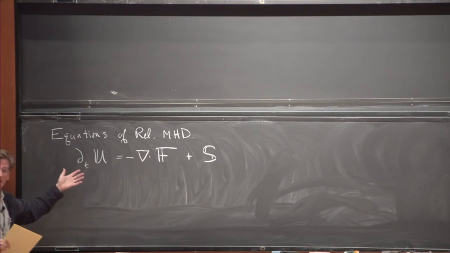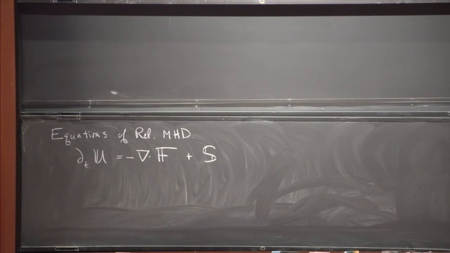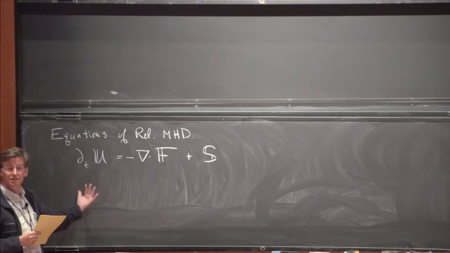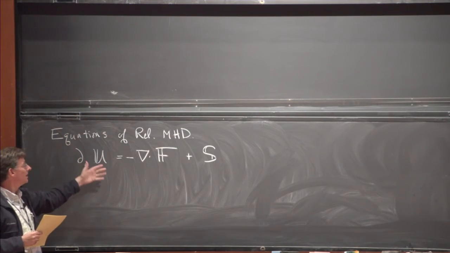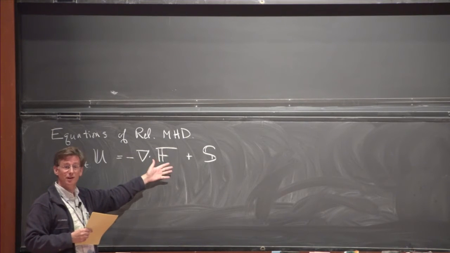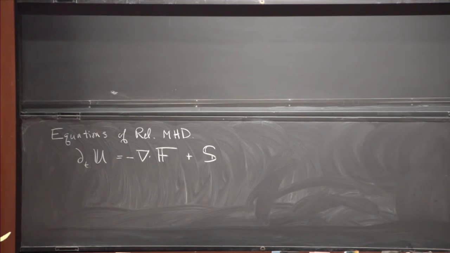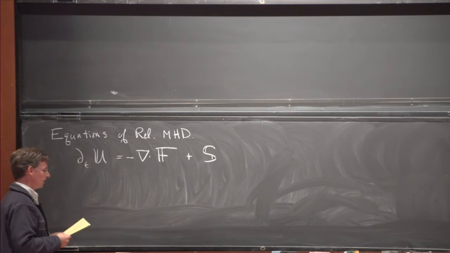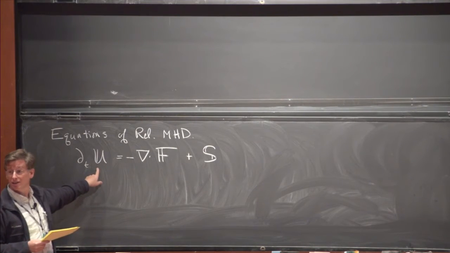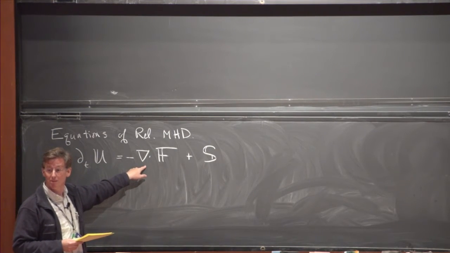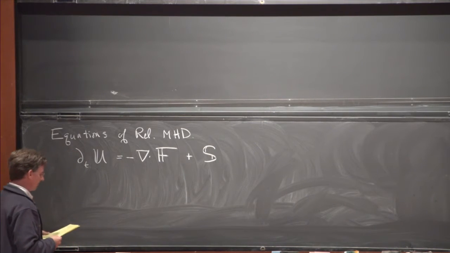Okay, and the fancy letters indicate that, of course, this is a vector, and that there's a list, basically, of conserved quantities that we're going to push forward in time, and corresponding fluxes and source terms. Okay, so it's just like non-relativistic MHD, but we need to be careful with what we mean by conserved quantities and what we mean by this derivative operator.